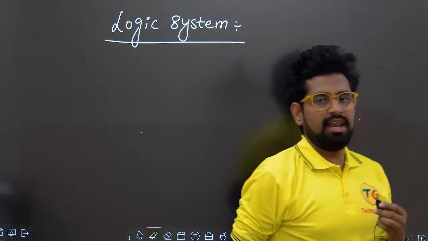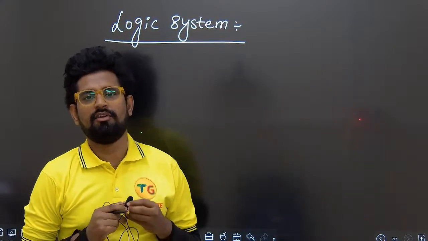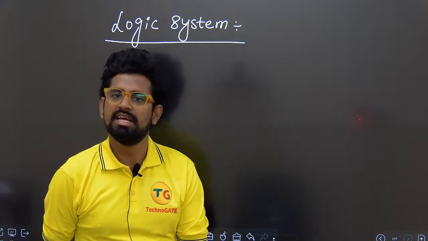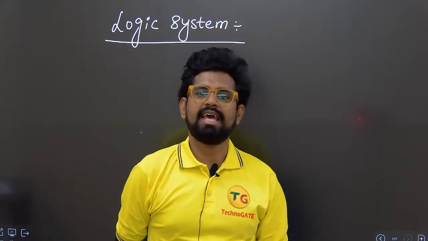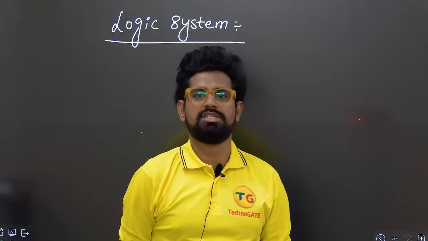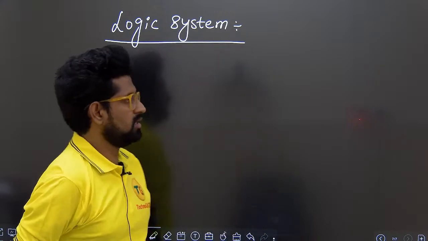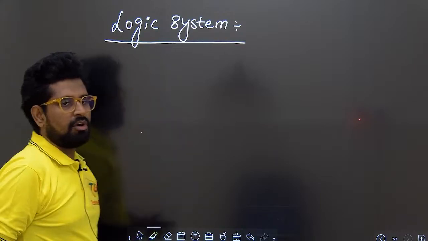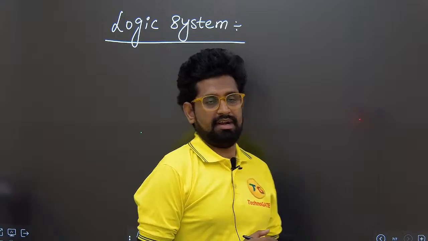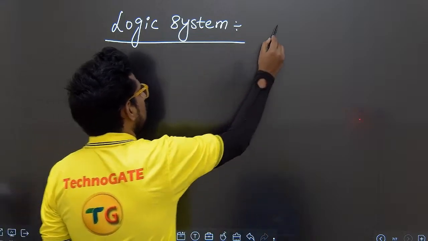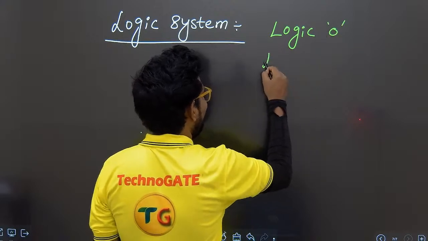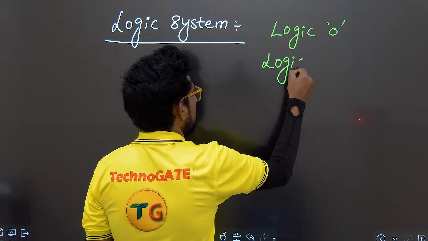So basically in digital we have two types of logic system. The first one is logic 0 and the second one we have logic 1. In digital these are the main logics that we are going to use. So the basic definition I told, the system in which various logic levels are defined. So here we have logic 0 and logic 1.